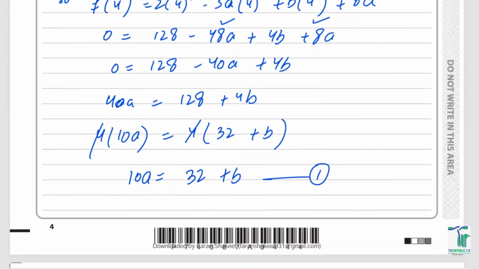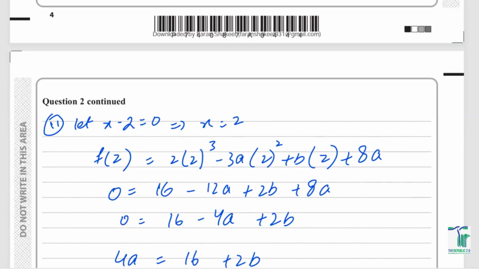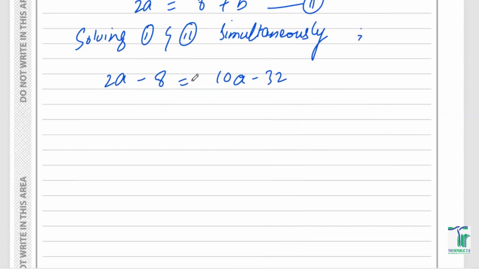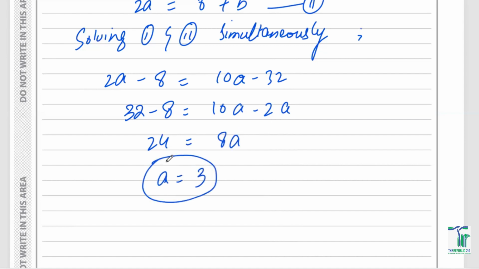And the value of b from there is going to be 10a minus 32. So now I'm just going to get the value of a, and that is going to be 32 minus 8 equals 10a minus 2a. 32 minus 8 is going to be 24. 10a minus 2a is going to be 8a, and a comes out to be 3, right?